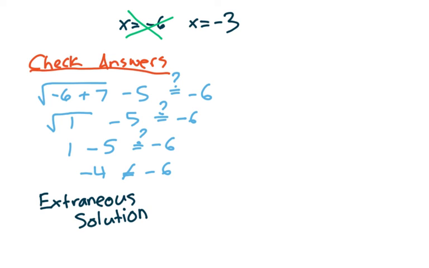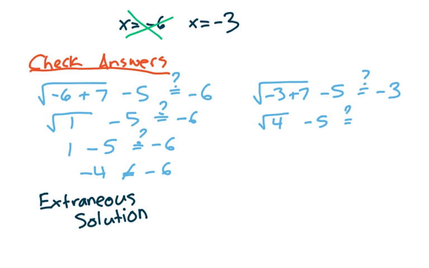Let's try the -3. The square root of -3 plus 7 minus 5 equals -3, and we're going to check to see if this is equal. The square root of -3 plus 7 is the square root of 4, minus 5.